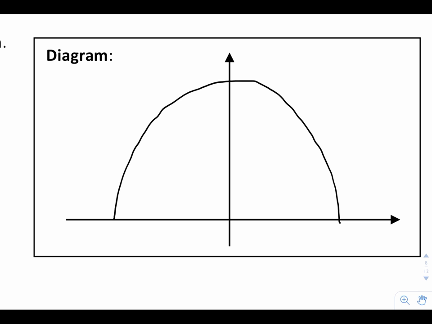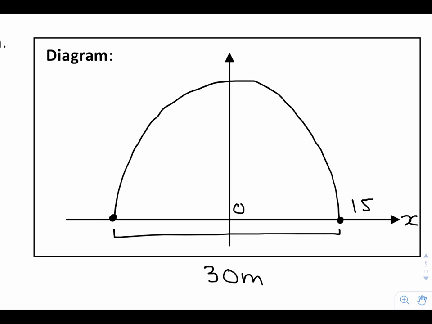And what we know is that at the base, this archway is 30 meters. So from here to here, I have 30 meters. And therefore, if this is the center of the origin, one end is going to be 15 meters out, and the other end, again, think of this as the x and y axis, is going to be negative 15 meters to the left side.